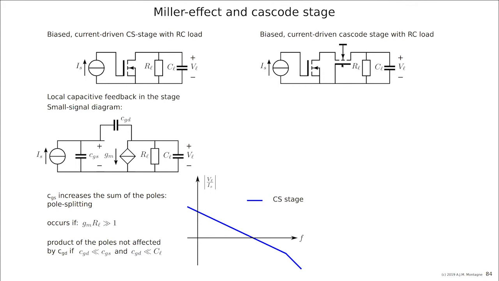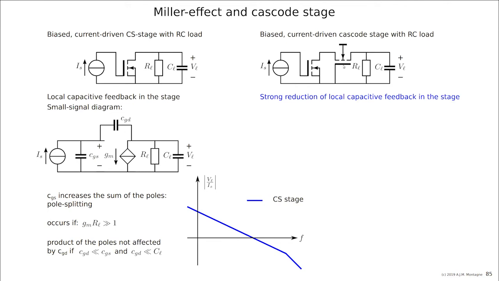It can be said that in many practical applications, the loop gain in the CG stage as applied as Cascode is high enough to satisfy the required conditions. So there is a strong reduction of the local capacitive feedback because we are shorting the stage. We are reducing RL. We don't allow voltage gain, basically.